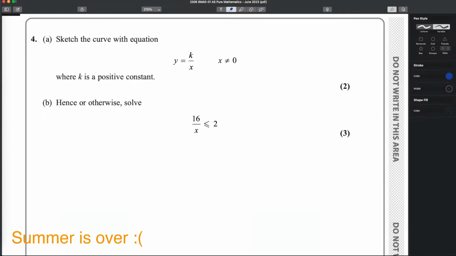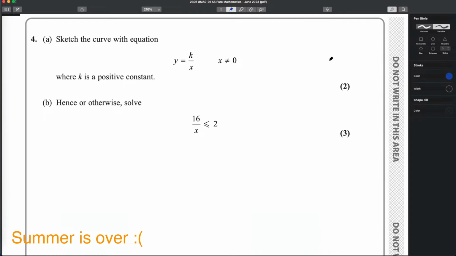So what sort of topics are you covering in your first year of O-levels? Anything interesting? Anything you're enjoying learning about? Oh, curve sketching. Reciprocal graphs.